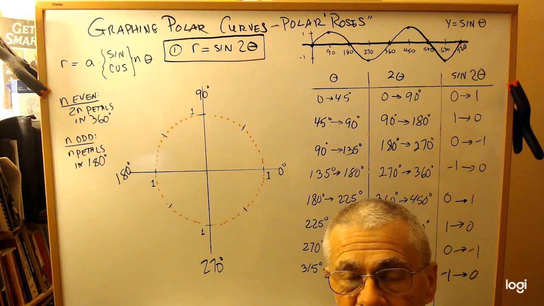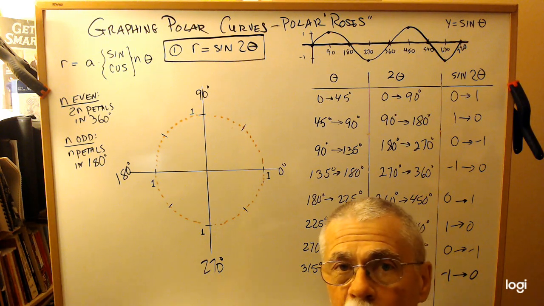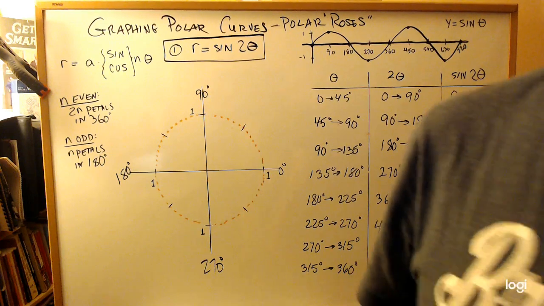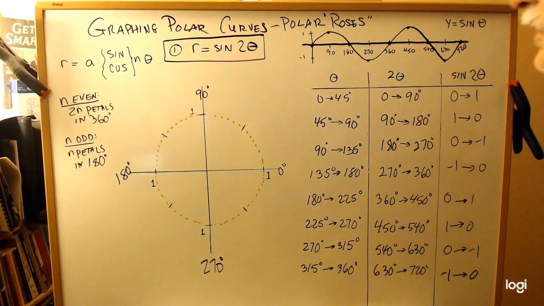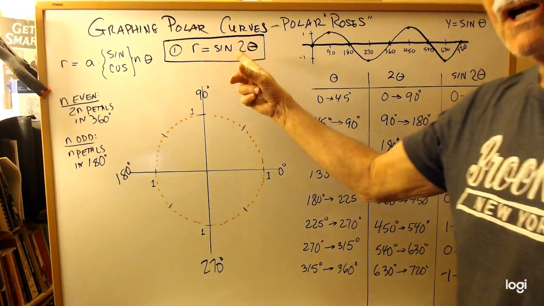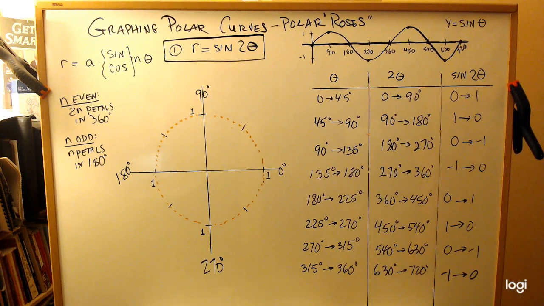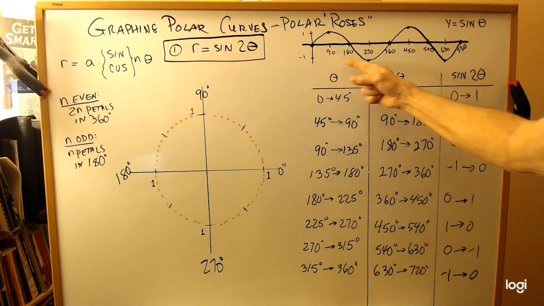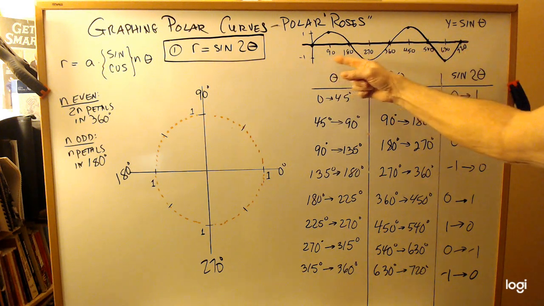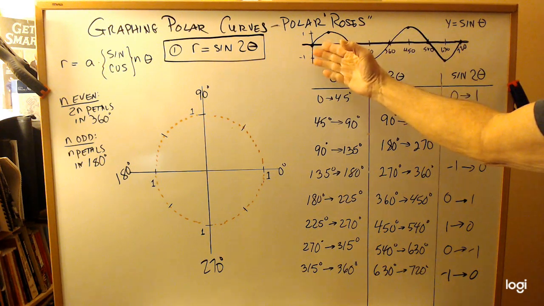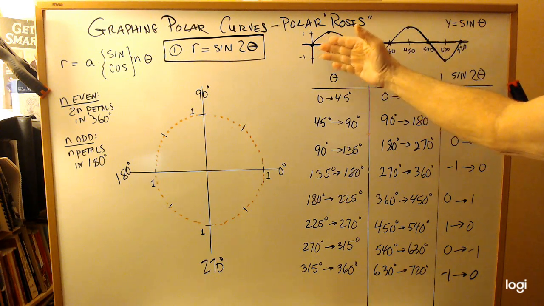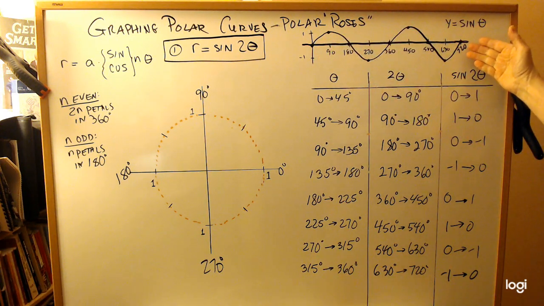So this first video on polar roses, I'm going to look at r equals sine of 2 theta. And I'm going to take a little bit of a different approach here. Instead of a table of values, I'm going to look at the regular sine curve, but actually two of them, from 0 to 720 degrees.